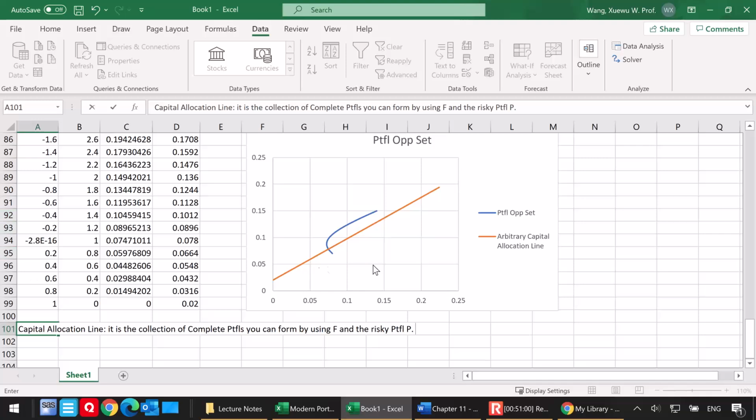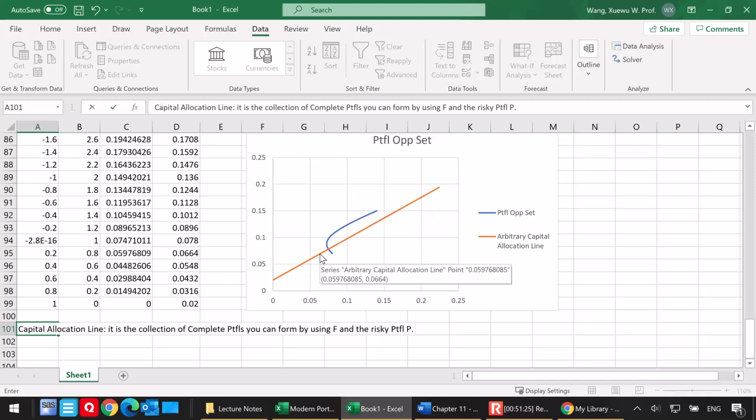And what do you mean by doing better? Let's say somehow I can plot another capital allocation line that's above this orange line here. Why is the higher capital allocation line better? Well, remember, every point on the capital allocation line is a complete portfolio.